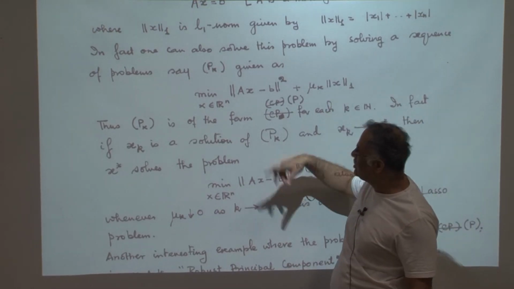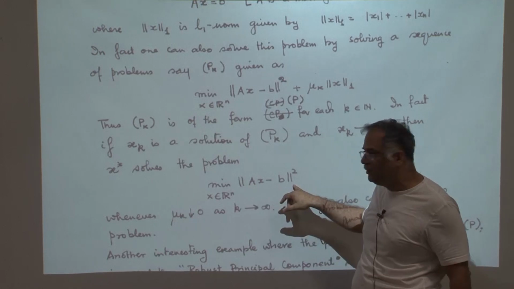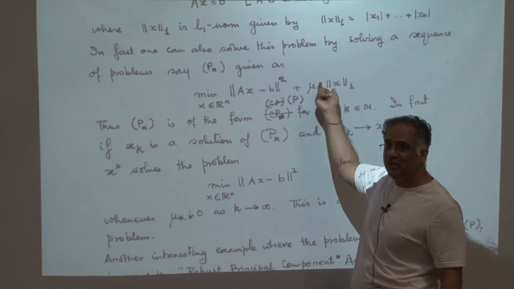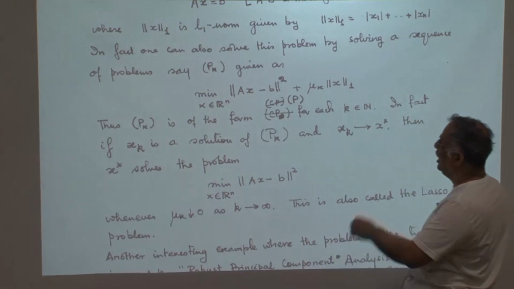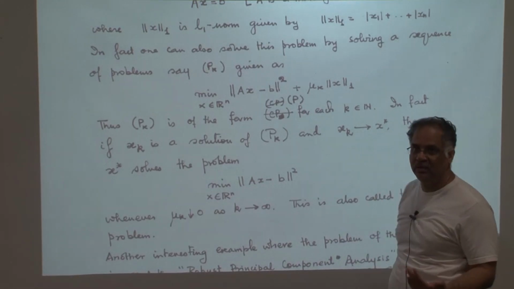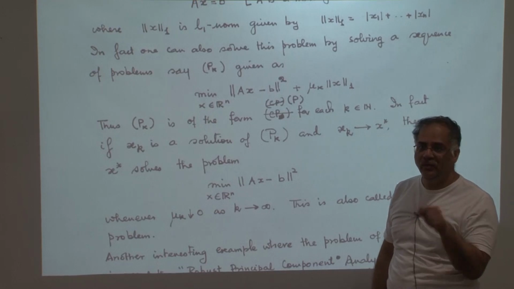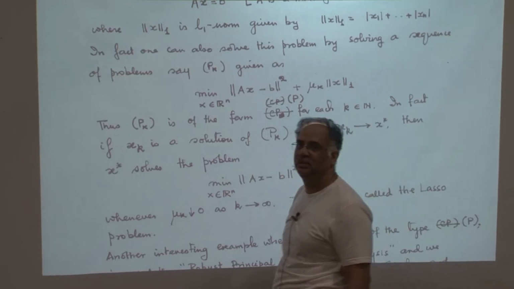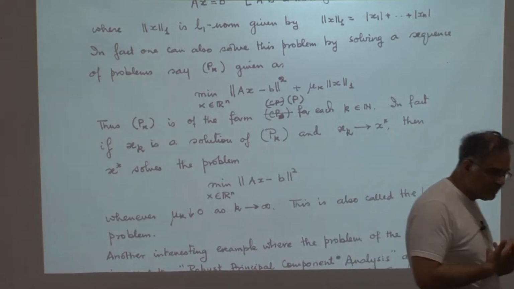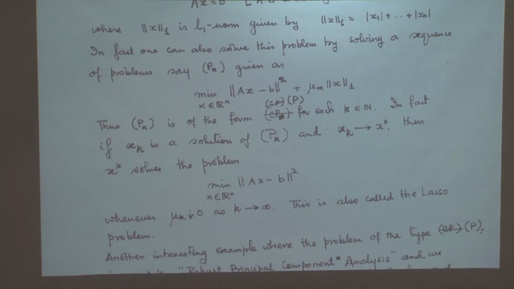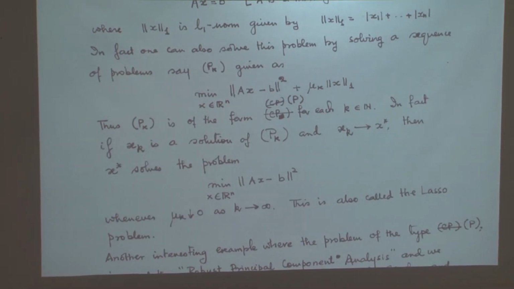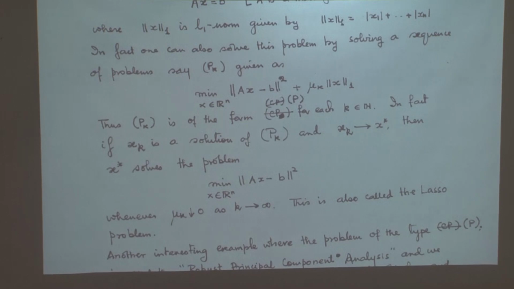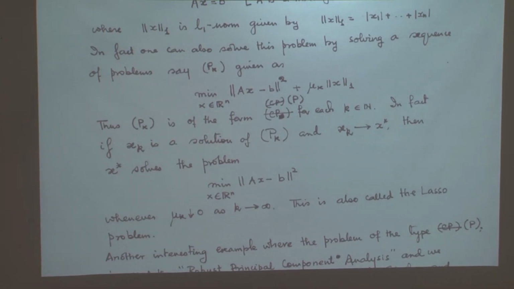So, here I have said that solving Ax equal to b is same as solving this, and then I do the penalization by writing this. Exact penalization means that there will be a mu k for which the solution xk of this problem would be a solution of this problem. So, the Friedlander and Seng's paper is actually very important, specifically in modern applications, to really show that such things can happen when you choose a very proper convex function as your penalty term.